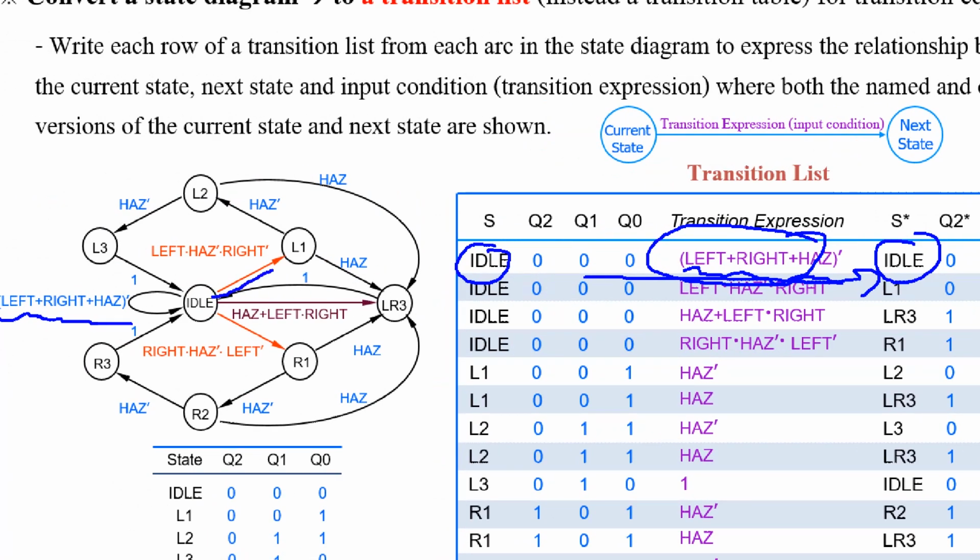And for this arrow, from idle to L1, the condition is left and hazard prime and right prime.